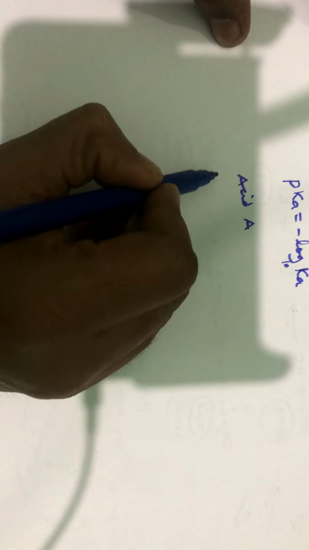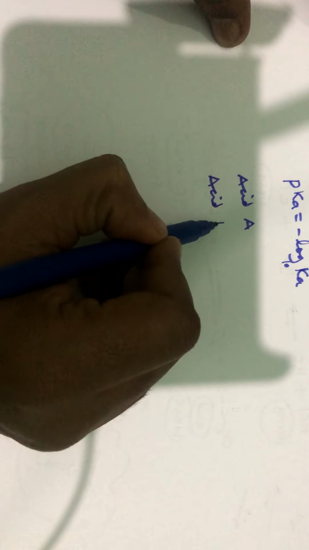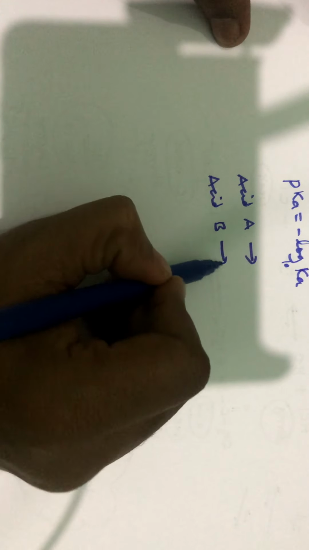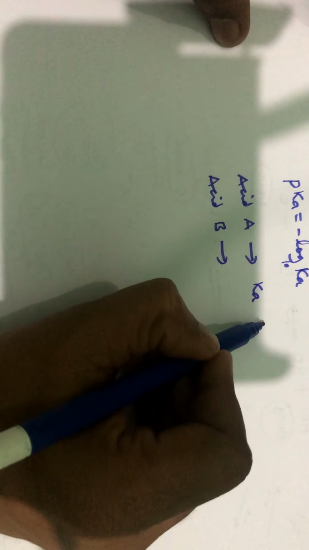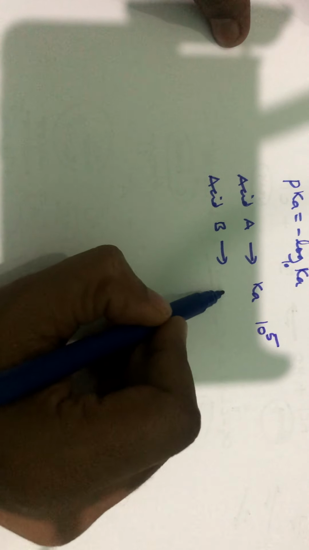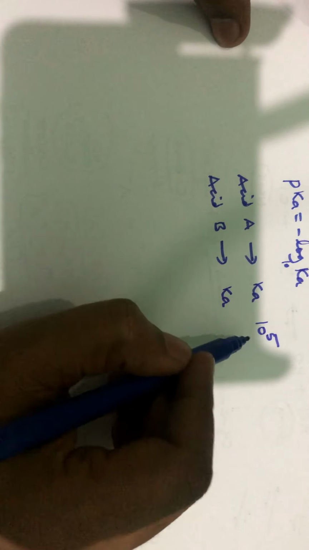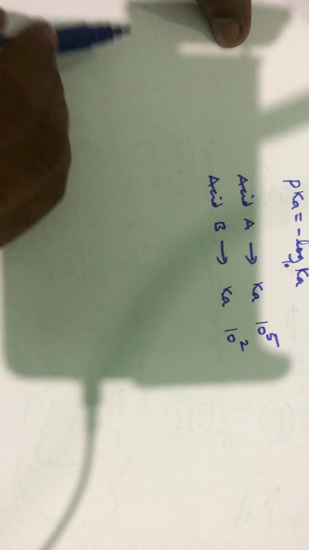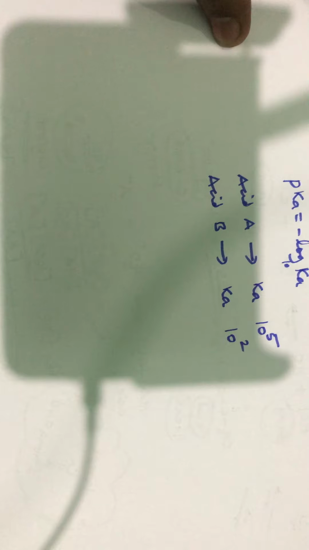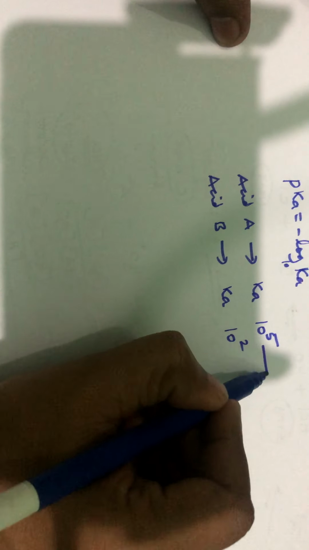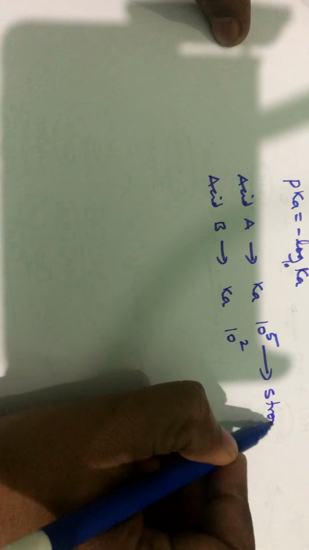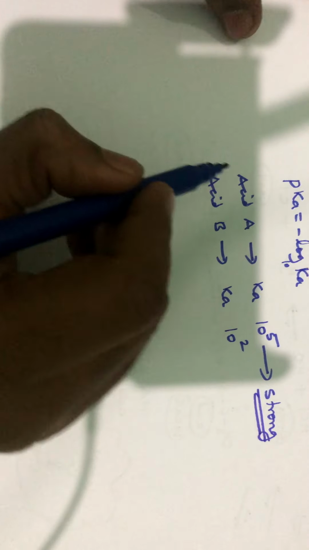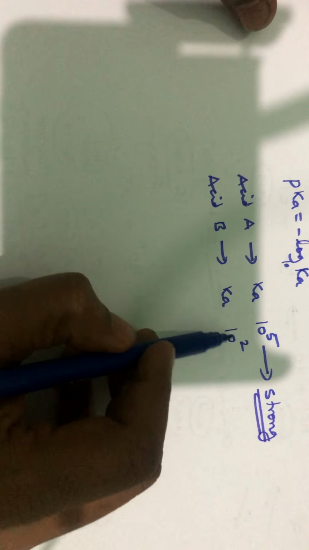One is acid A, the other is acid B. Let the Ka of this be 10 to the power 5. Let the Ka of this be 10 to the power 2. So which is the stronger acid based on K? Larger the value of K, stronger is the acid. So this is the strong acid, and this is the weaker acid as compared to this.